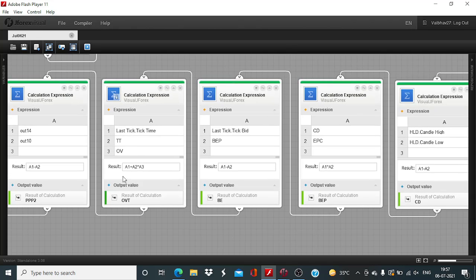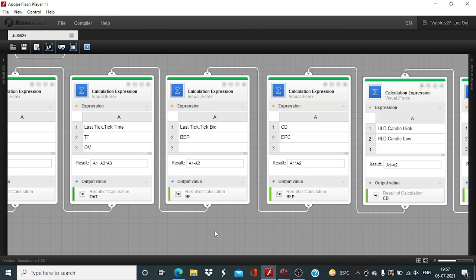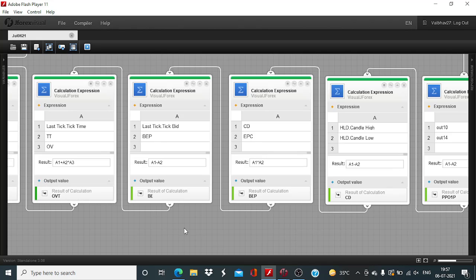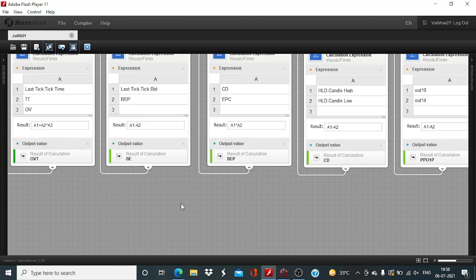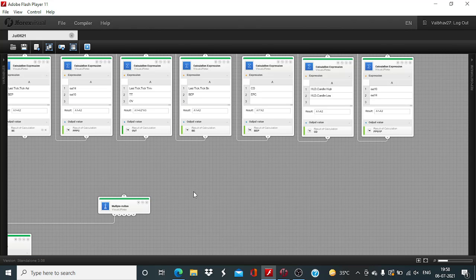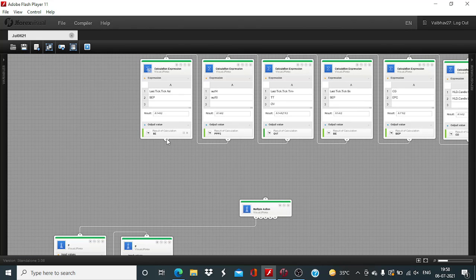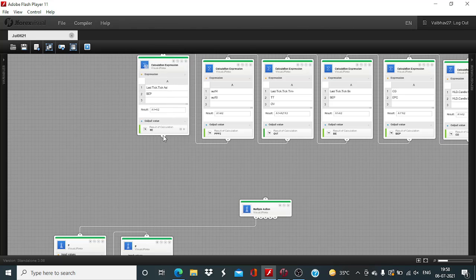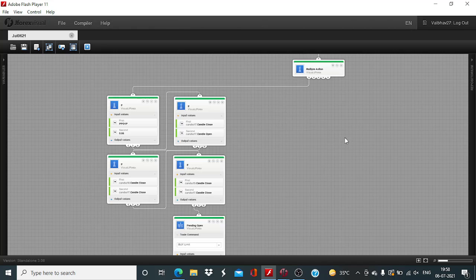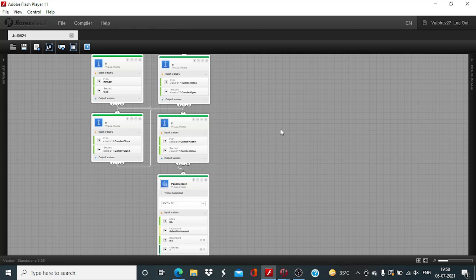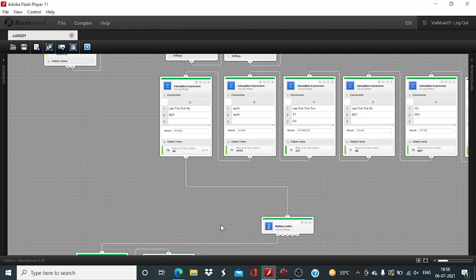Order validity can be used as it is for the sell side, so no need to again define the order validity. With this, we can now shift our focus to adding the if blocks for defining the conditions, and we are not going to need too many blocks, only 4, and after that the trade command block.